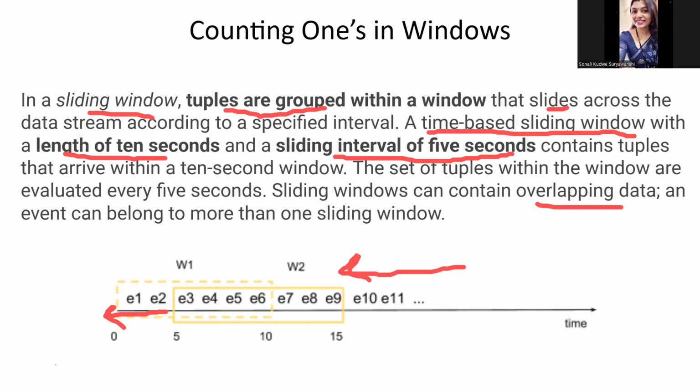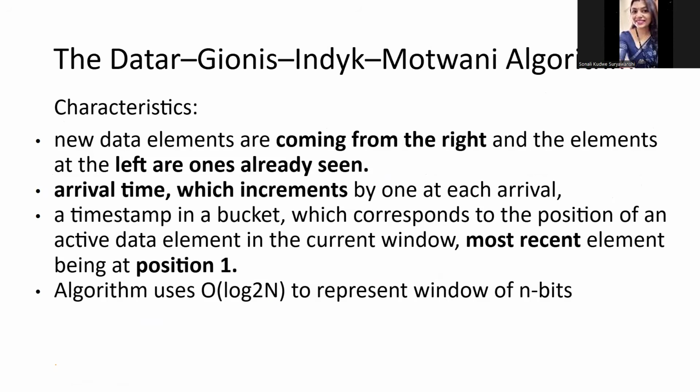Now, how are we going to use the concept of a sliding window to solve the counting ones problem? The Datar-Gionis-Indyk-Motwani algorithm, the DGIM algorithm, makes use of certain characteristics for counting the number of ones. First, the data we record in the sliding window comes from the right side.